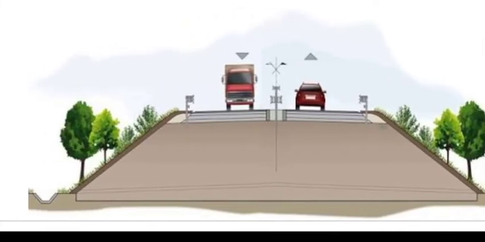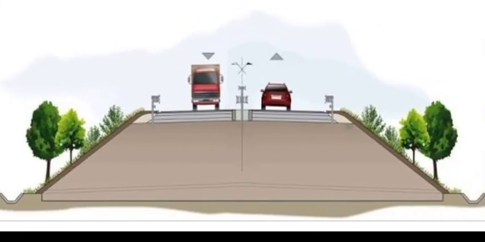And filling of the central earth fill. So for this embankment, we'll be using locally available soil, and you cannot use just any soil. It needs to be tested and it should fulfill the requirements. So that we'll be discussing in the later part.